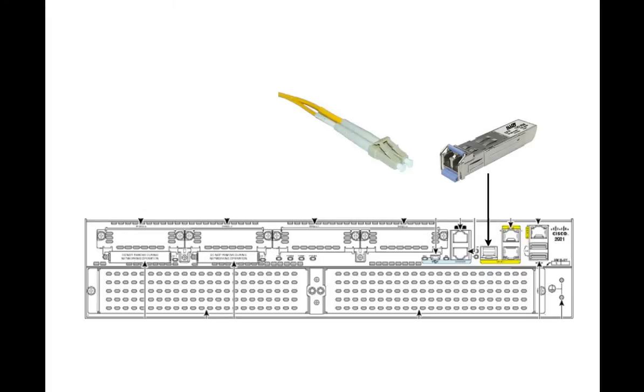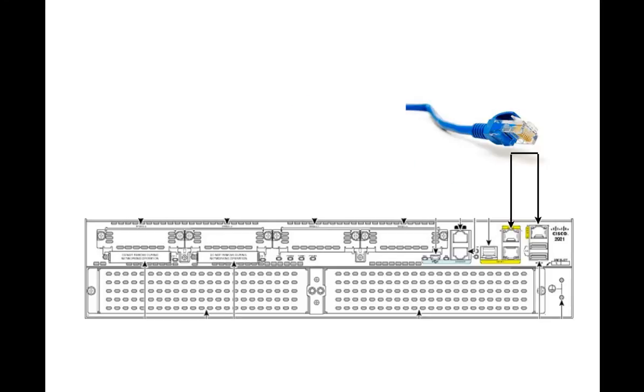Other ports would be things like where fiber optic cable can connect. In this case, we have what's called an LC connector, and the module to the right there is called a small form-factor pluggable, or SFP, that cable plugs into. Other termination points would also be an RJ45 with category 5 cable. As you can see, we have a number of terminations on the router.